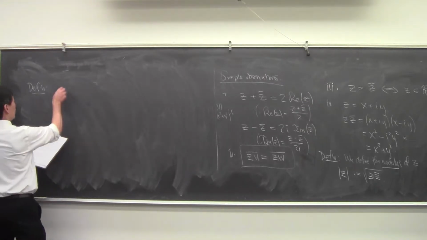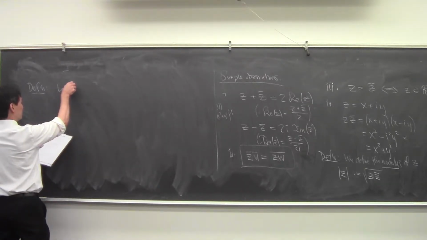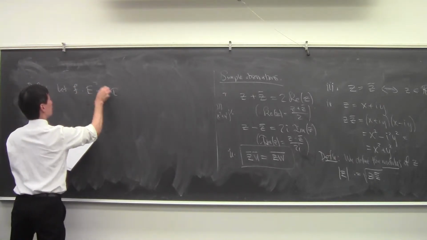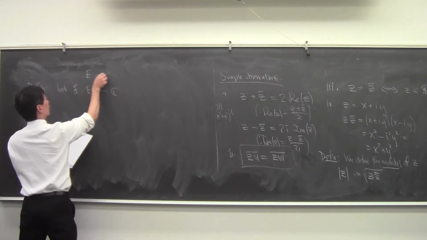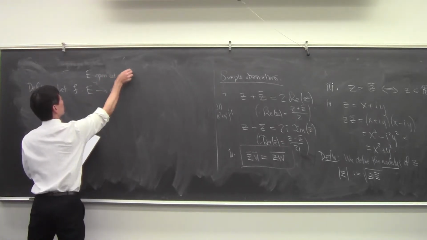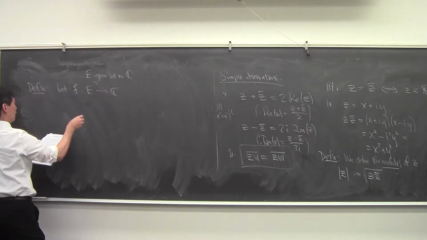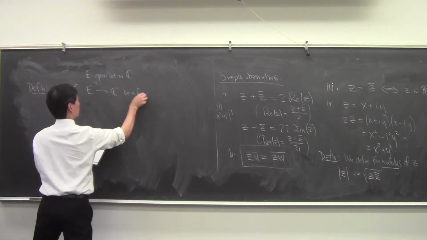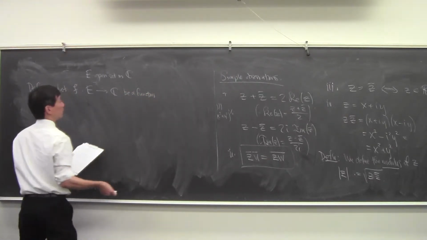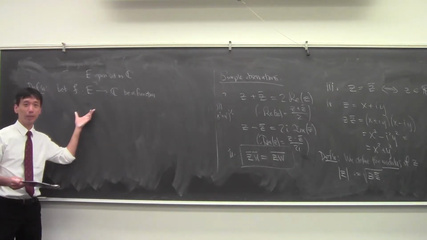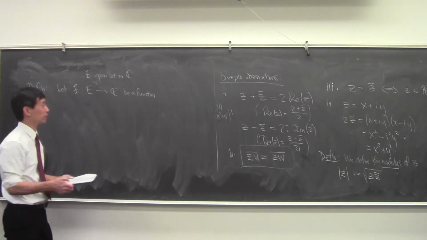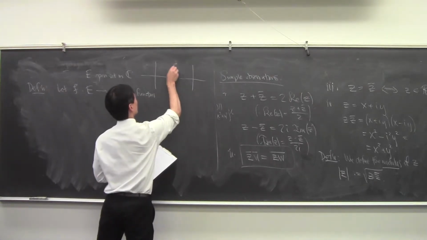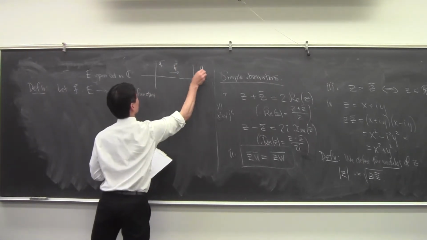So let f from E to C, where E is some open set in C, be a function. So we have some function going from the complex plane to the complex plane, right? It's a complex function.